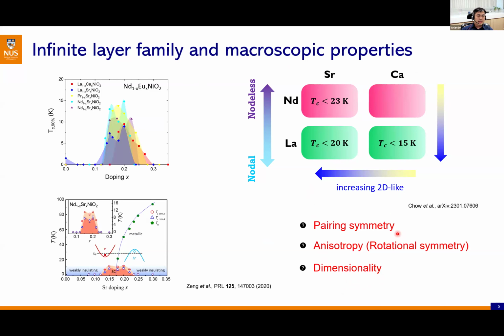So there is an effect of the fluctuations of the cations that can be used to tune the dimensionality from quasi-2D to more 2D or even to 3D nature. So we have been working on this, but it is still a work in progress, and we hope to make more convincing results out of this direction soon.